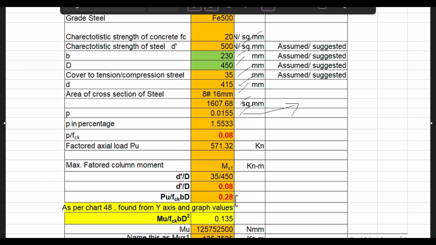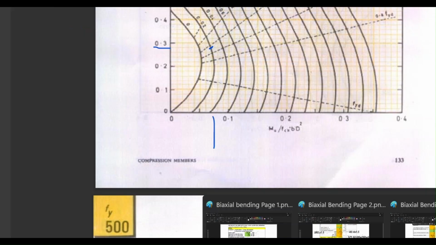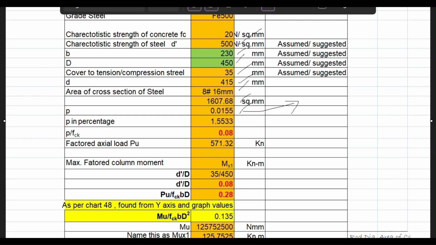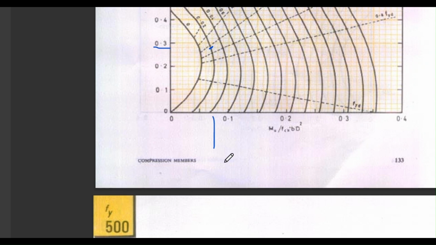Pu by fck bD, as similarly we worked out in the previous session. Using the same chart, 0.08, 0.28.